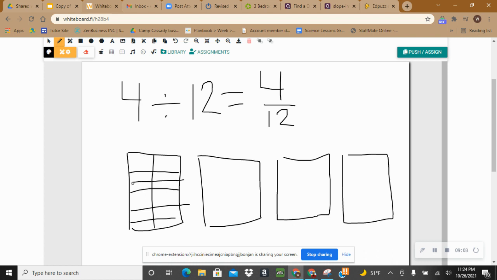So don't worry about them being uneven. 1, 2, 3, 4, 5, 6. So that's 12. So if I do that in all of these, that means that this person is going to get 1/12 of this box, 1/12 of this box, 1/12, and 1/12. So if I add up 1 plus 1 plus 1 plus 1, that is going to be 4/12. All right. So that's how you get that answer for that one.